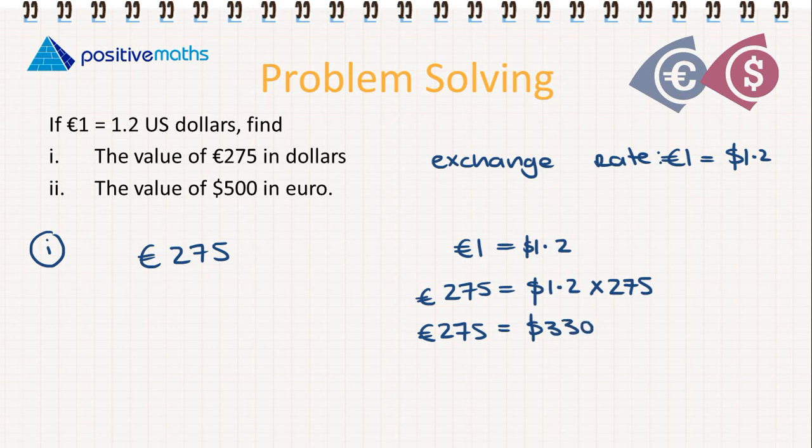I'd just be careful here that we include the units as we're going along, because it can be very easy to get confused as to which is euros and which is dollars. Having 1 euro equal to $1.2 and keeping those units all the way down.